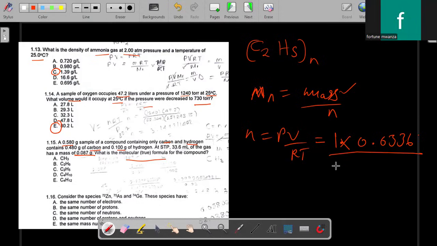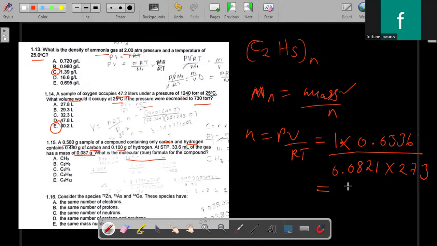Then divided by the gas constant, which is 0.0821, times the temperature. The temperature at standard room temperature and pressure is 273. So there I'll get my number of moles.